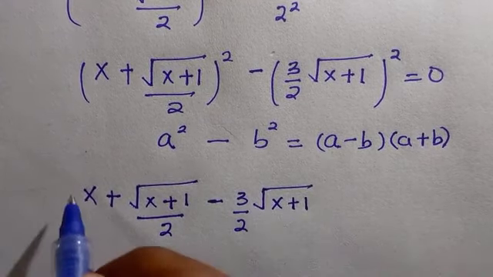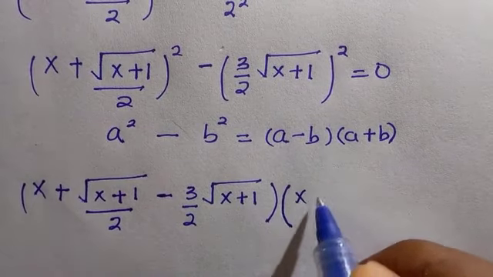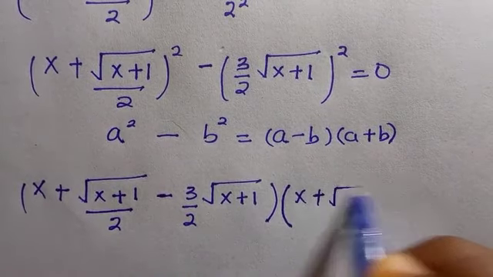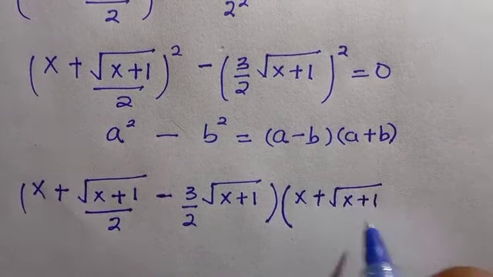Then for the second one, which is a plus b, we write the same thing and change it to positive instead of negative, according to the identity. So we have x plus root x plus 1 divided by 2, plus 3 divided by 2 root x plus 1, and all equals 0.